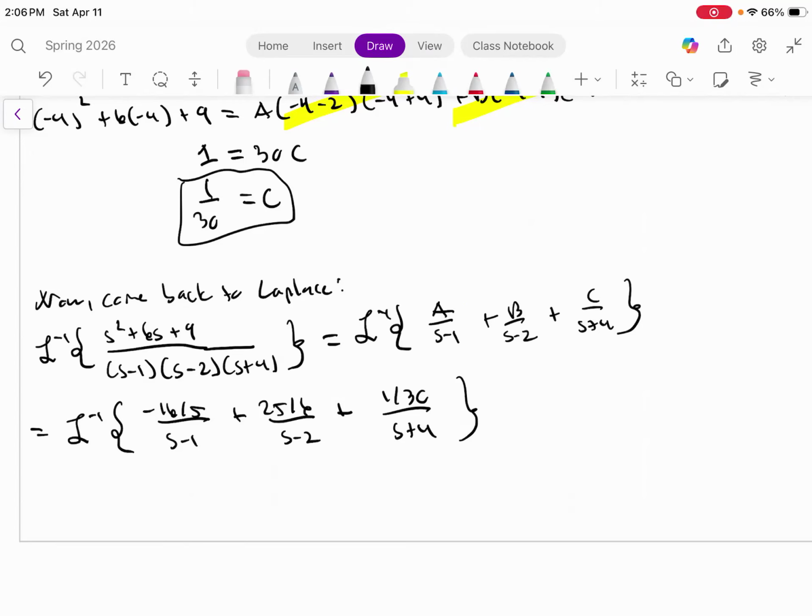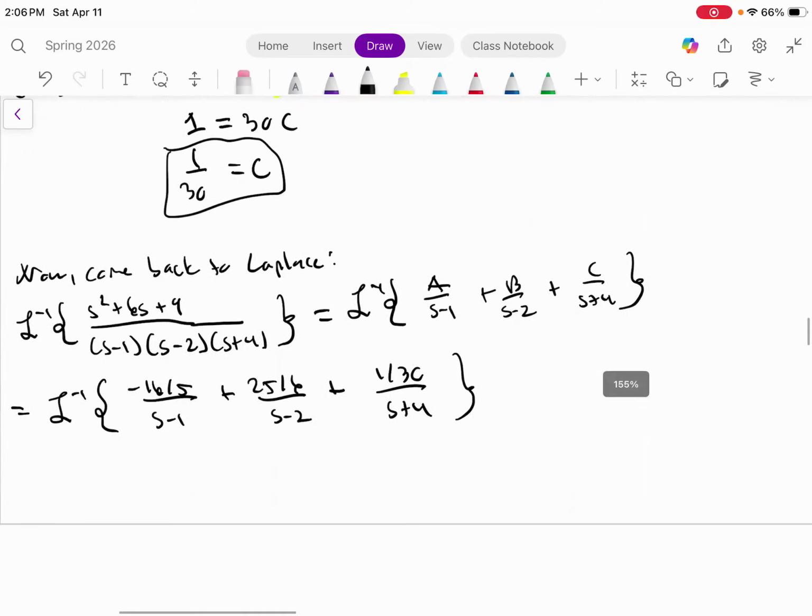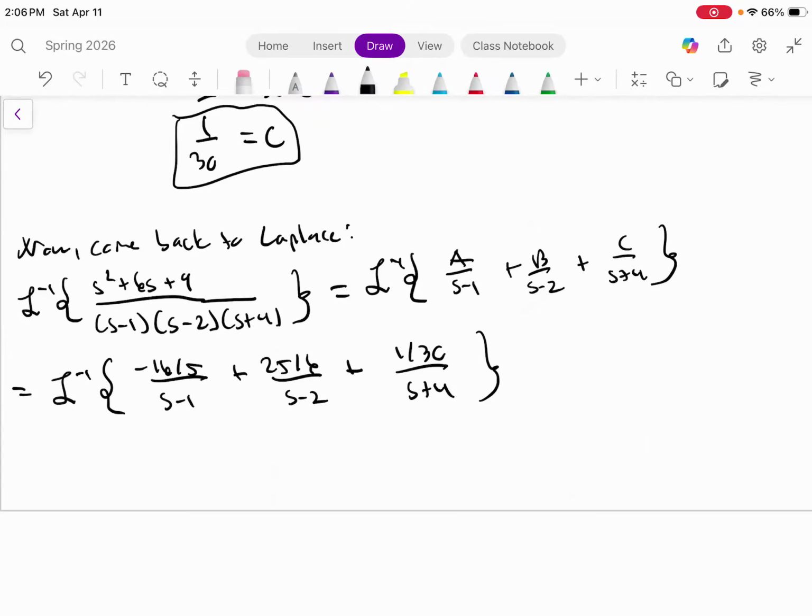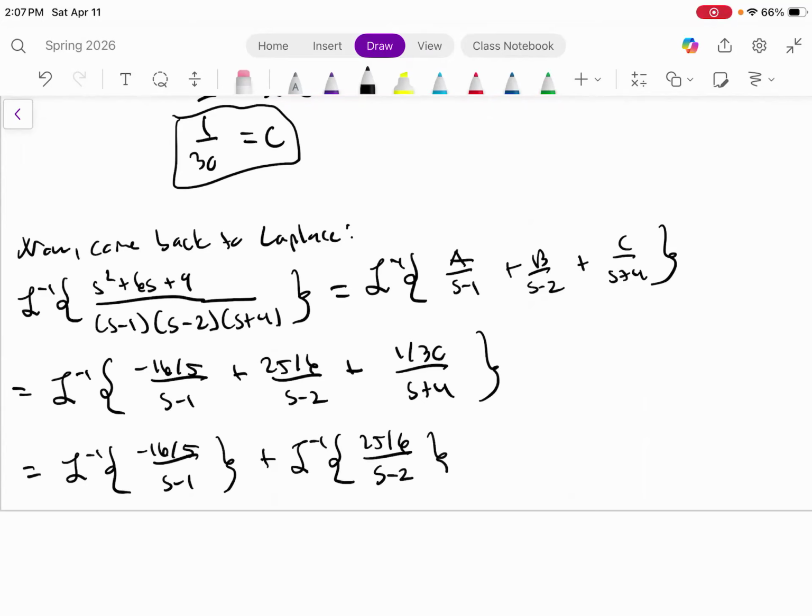We did most of the hard work, but one thing we could do is separate these inverse Laplaces: negative 16 over 5 over s minus 1, plus the inverse Laplace of 25 over 6 over s minus 2, plus the inverse Laplace of 1 over 30 over s plus 4.